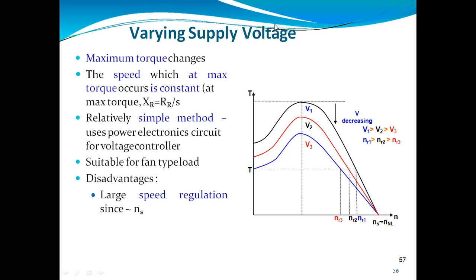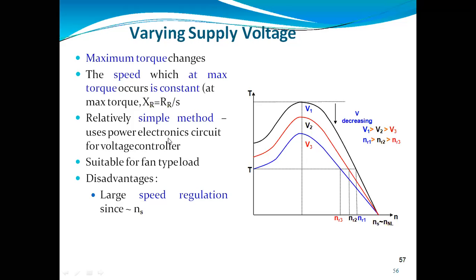And this is the simple method. Here we are supposed to use a voltage controller. There is no need of VFO. There is no need of changing the rotor resistance. Here we are supposed to vary only the supply voltage. So we can use an electronic circuit called a voltage controller, because here we are supposed to control voltage.